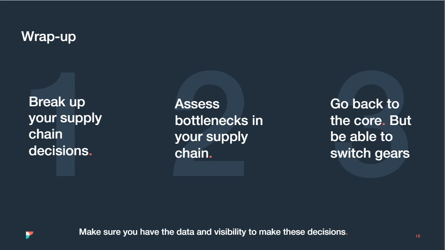The second part is you have to make sure that you have the data and the visibility to make these decisions and answer the questions. The direct consequence of not having the most accurate data at hand is that decisions are being postponed, or even worse, not made at all.